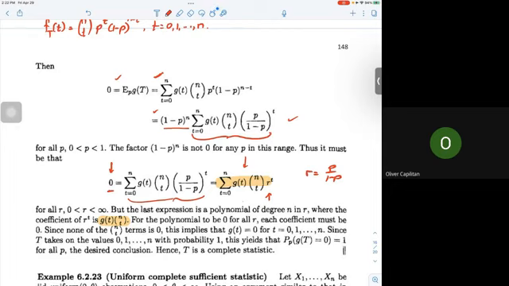So for all to be 0, the coefficient must be 0. None of these combinations of n taken t at a time is 0, so it cannot be 0, because that is the coefficient. So that would imply that g of t will be equal to 0.